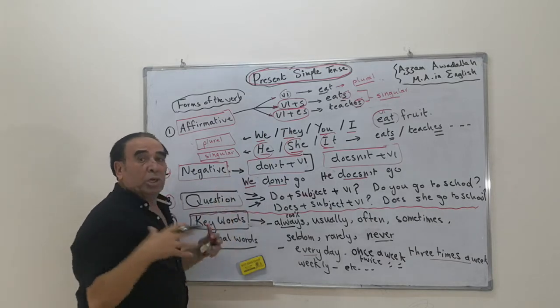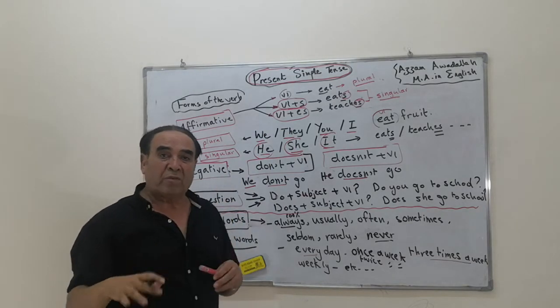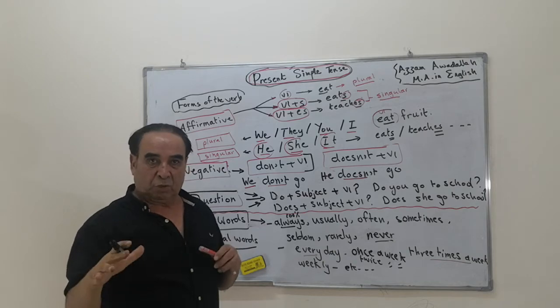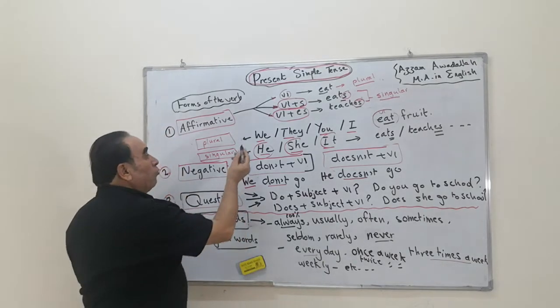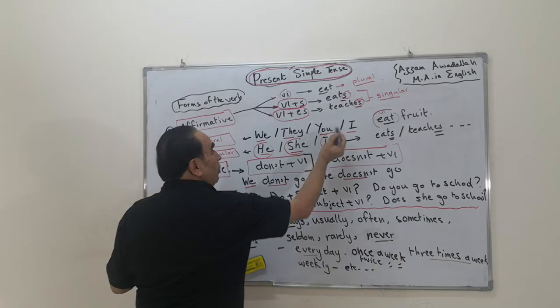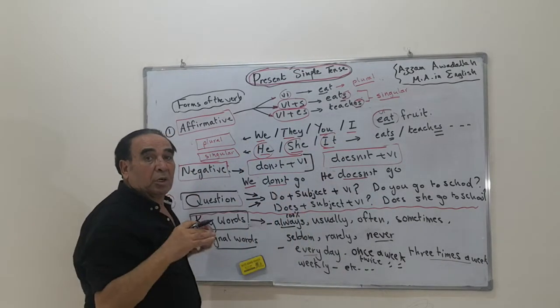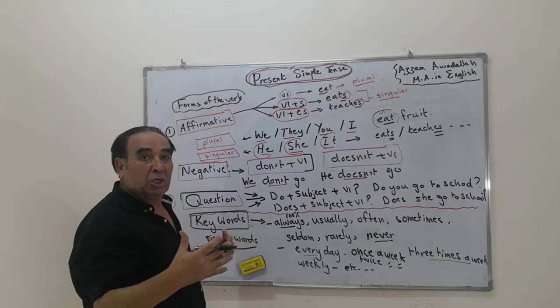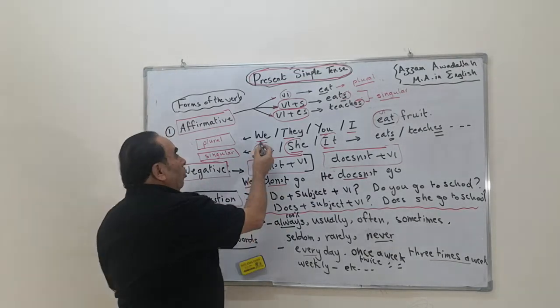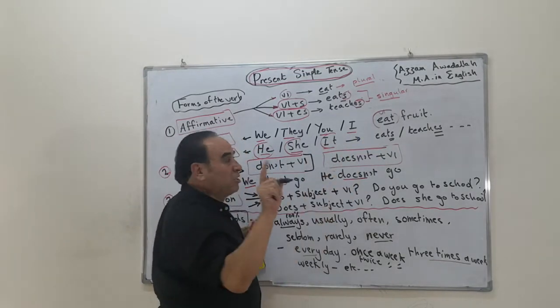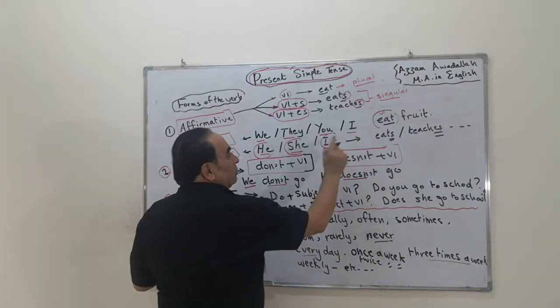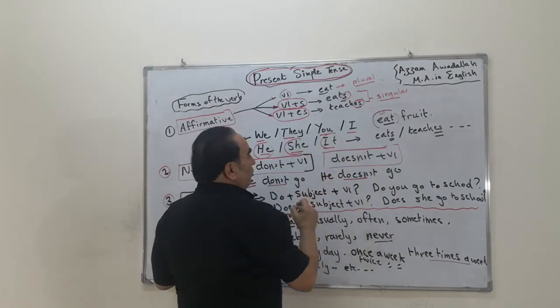So in English, usually we have seven pronouns. Now, we have we, they, you, and I. These four pronouns represent plural. They show plural. So we eat, not eats. They eat. You eat, I eat.